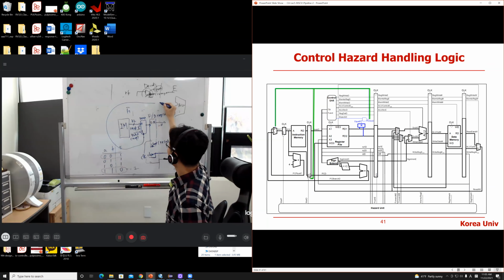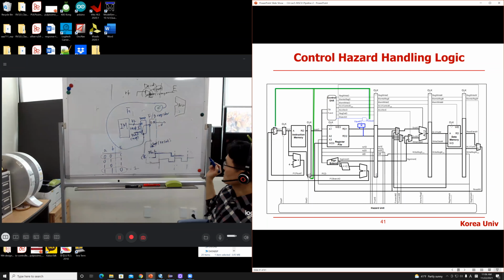So if flush is 1, then you are selecting this input to this register. That means at the rising edge of the clock, this flip-flop is passing no operation to the decoding stage.